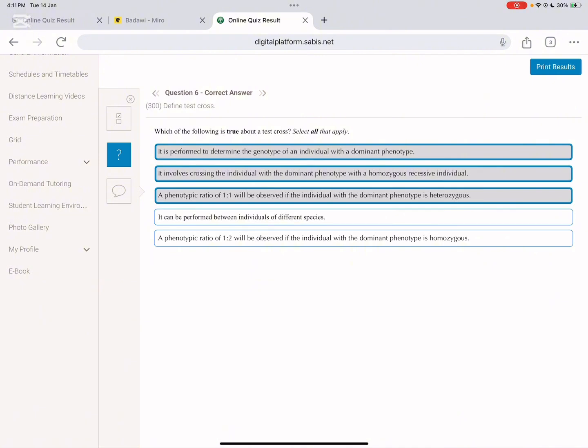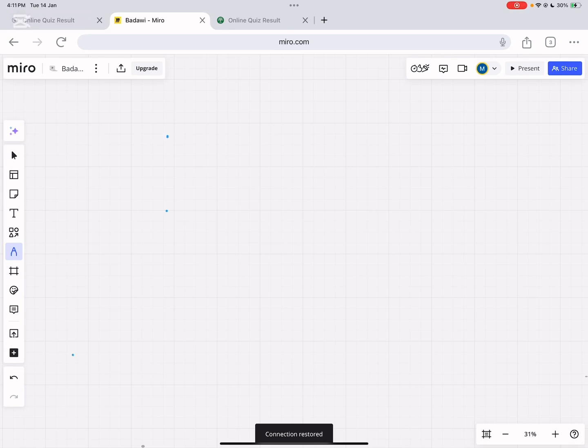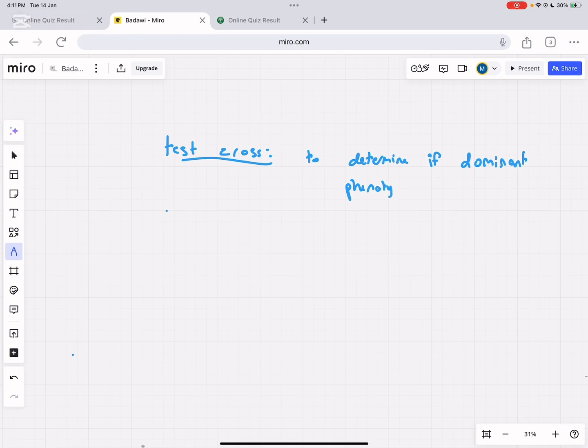Now we're going to be talking about a test cross. What is a test cross? Before we look at the options, a test cross is used to determine if the dominant phenotype is homozygous, so homozygous dominant, or heterozygous dominant.